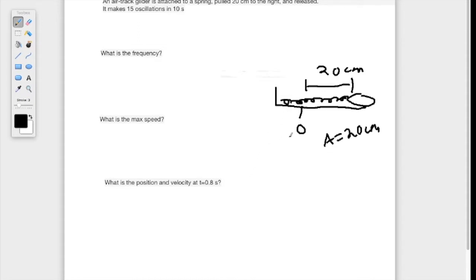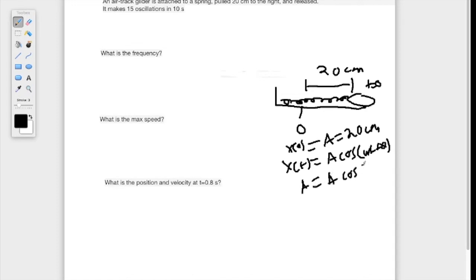And this is at t equals 0. So if we were to get our equation x of t equals A cosine of omega t plus phi, if we plug in 0, x of 0 is A, so A equals A cosine of omega times 0 plus phi.